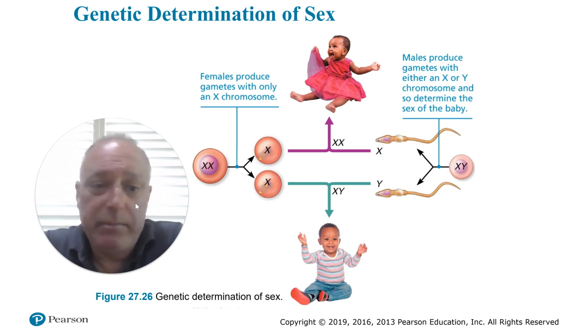Everybody gets an X. 2 X's is a female, and X and a Y is a male. So presence of the Y chromosome is what creates maleness, you can say. And you can have extra chromosomes. We see that in a number of different conditions.